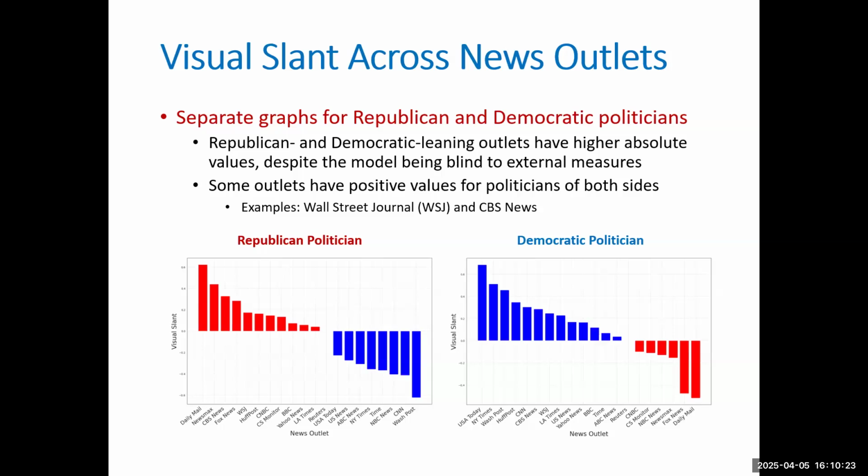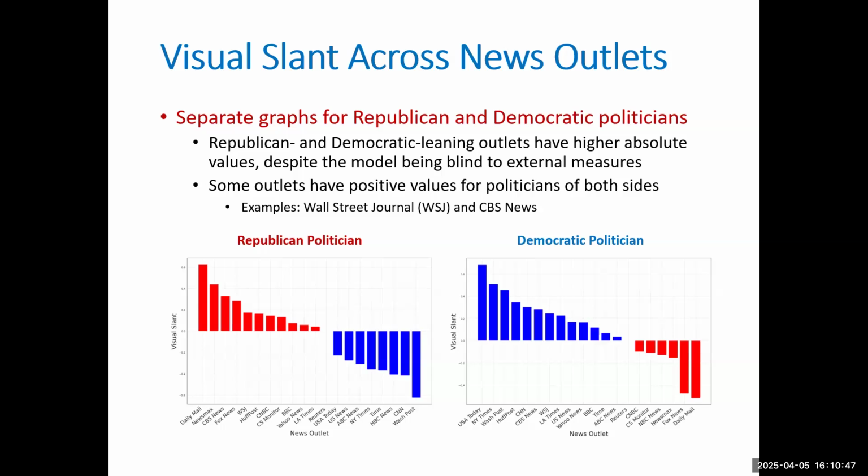For Democratic politicians, USA Today, New York Times, and Washington Post are among the higher values, and Daily Mail and Fox News are the lower. There are some outlets, like Wall Street Journal and CBS, that for both Democratic and Republican politicians have a relatively positive number relative to Reuters.